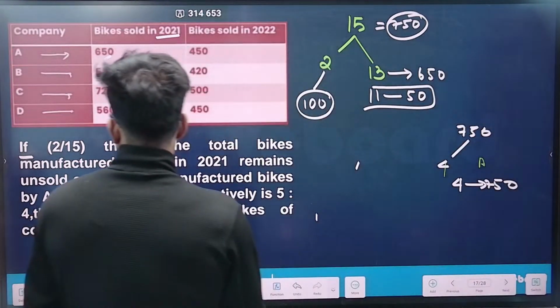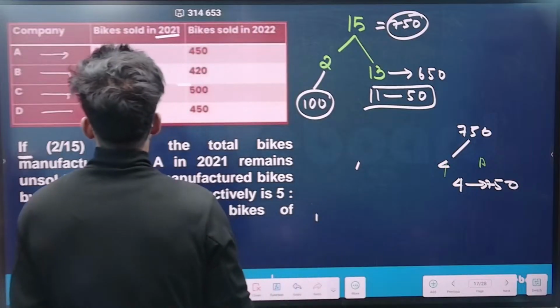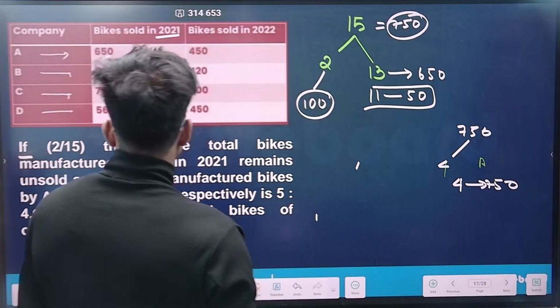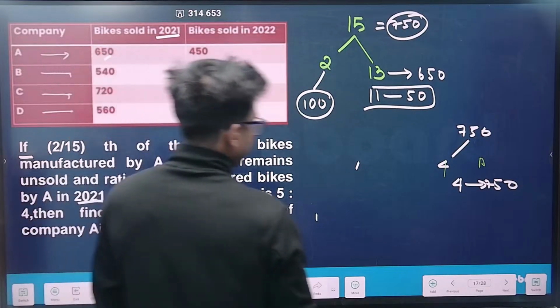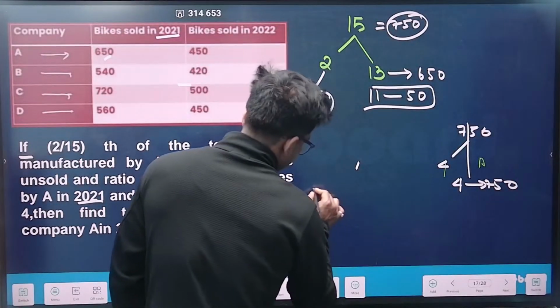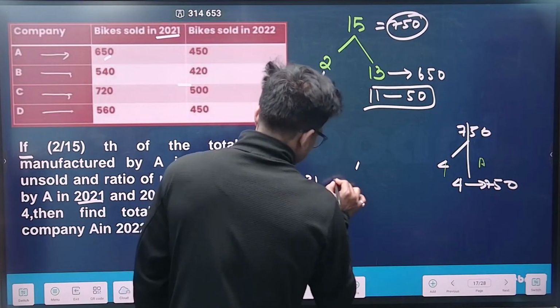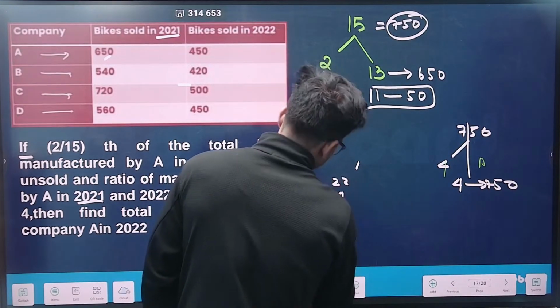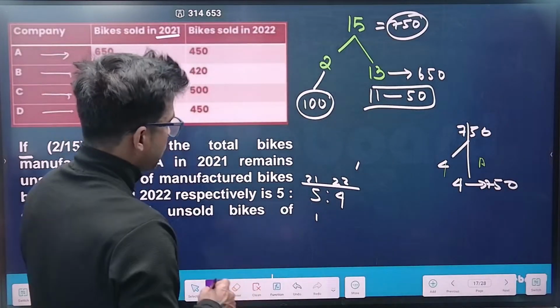Because A's total manufactured is 750, right? The ratio of manufactured bikes of 2021 and 2022 is 5:4. This is given to us.